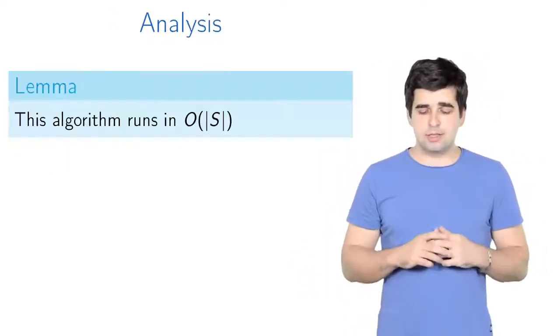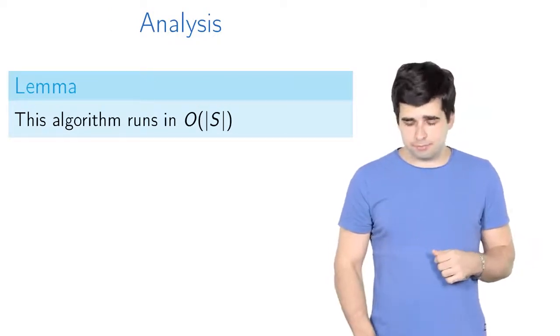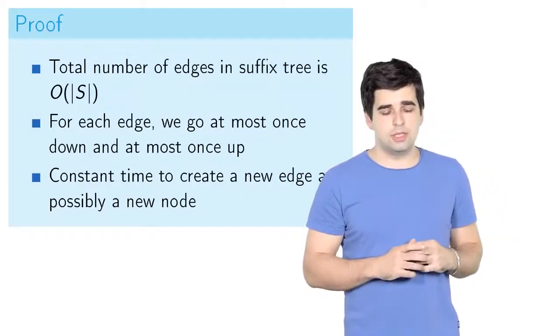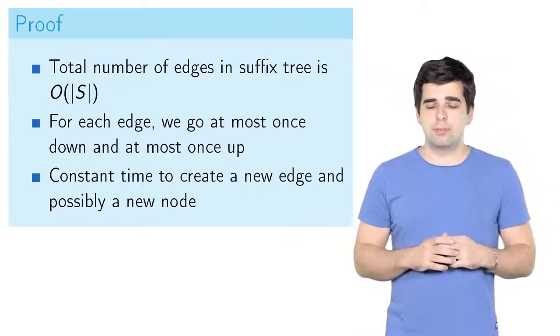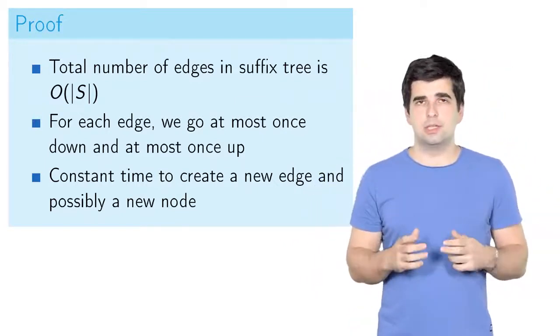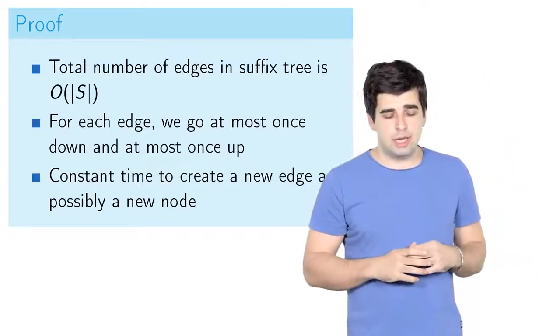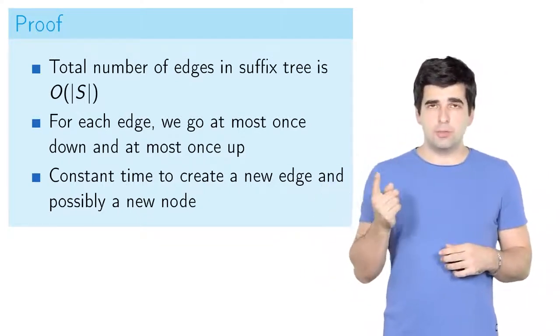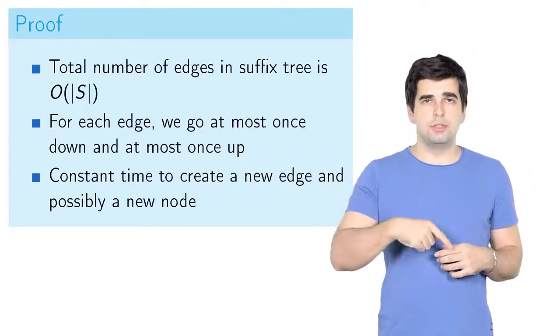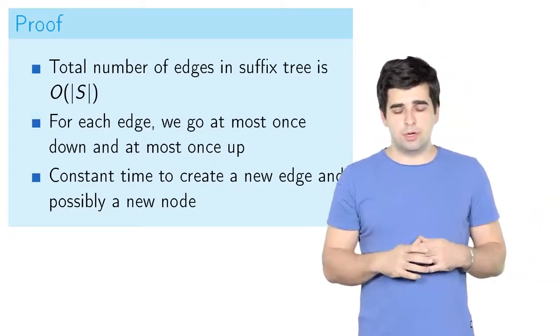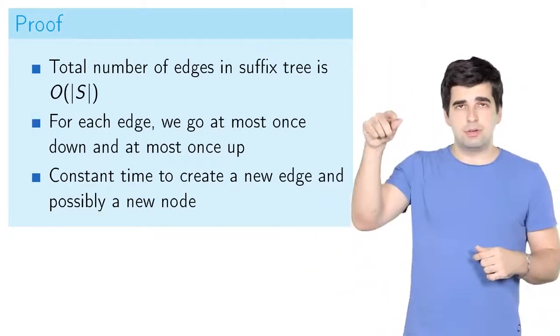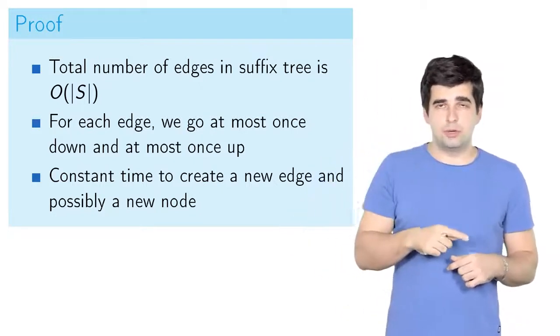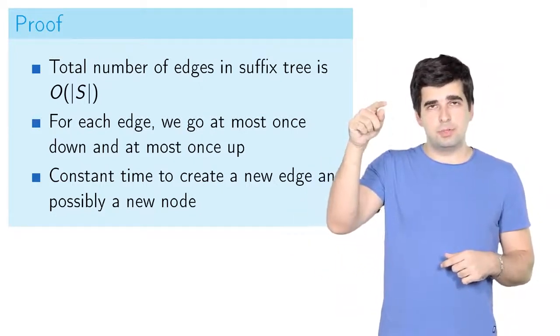I state that this algorithm runs in linear time, and that is pretty easy to see. We know that the total number of edges in the suffix tree is linear from the previous modules, and during this process, for each edge, we go at most once down when we build this edge, and then we go at most once up when we go to find the LCP. And then we go again down.